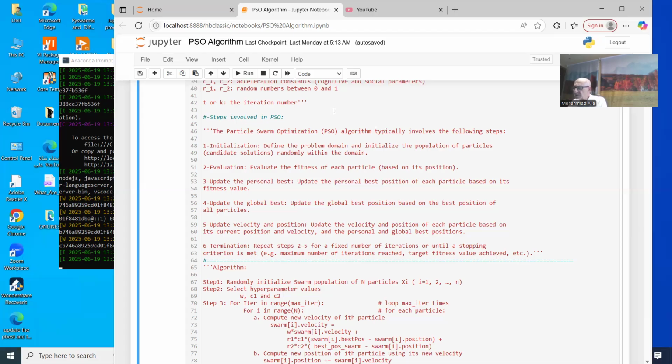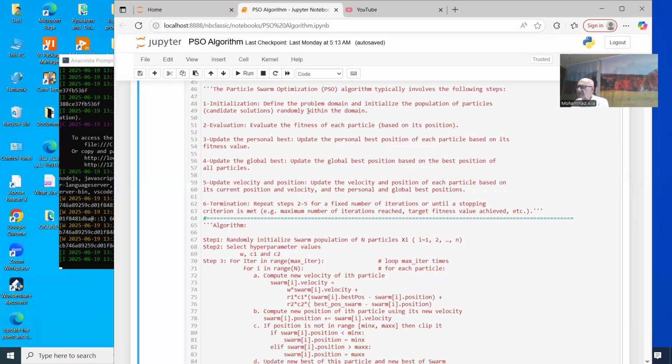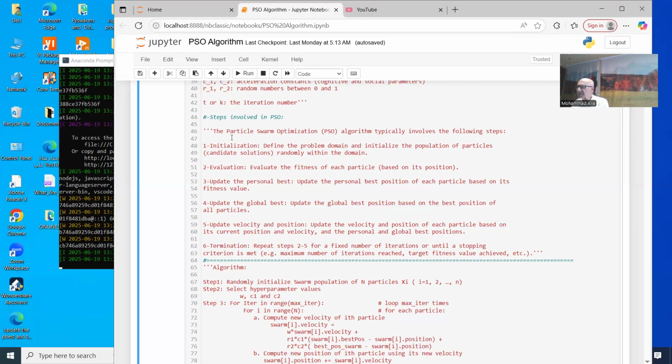And we shall illustrate how to use the particle swarm optimization algorithm to minimize the Rastrigin function, which was discussed in the previous lecture. We begin with an interesting summary about the basic steps which are usually included within the particle swarm optimization algorithm.